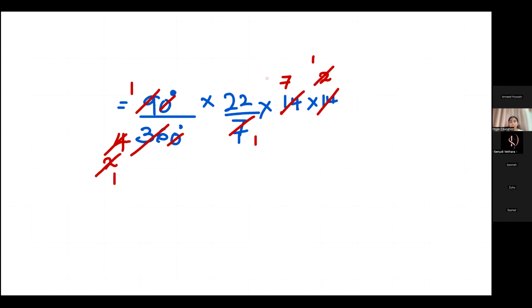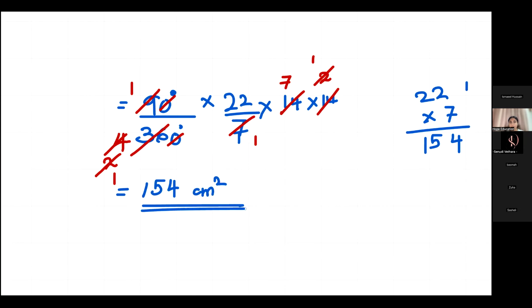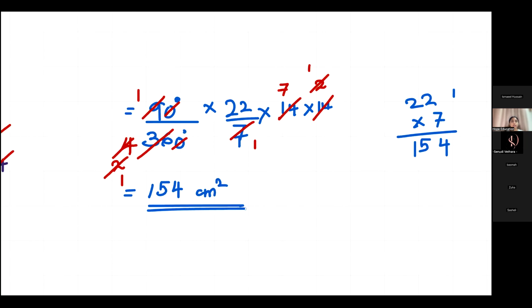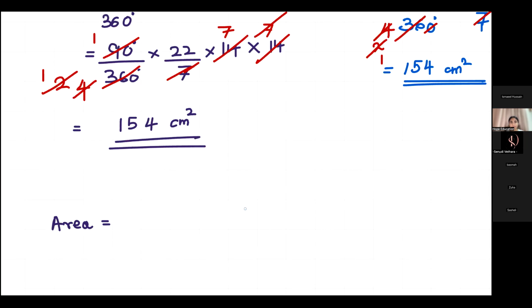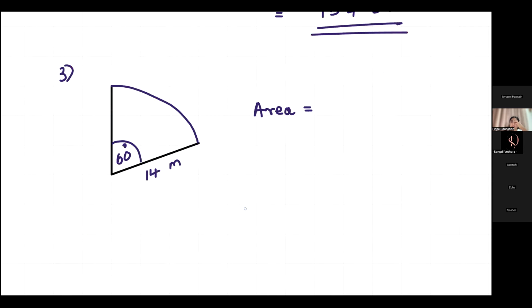So 22 multiplied by 7. 7 times 2 is 14, 7 times 2 is 14 plus 1, 15. So 154, and remember it's square centimeters. Is it clear? Okay, good. Done? Shall we discuss this?